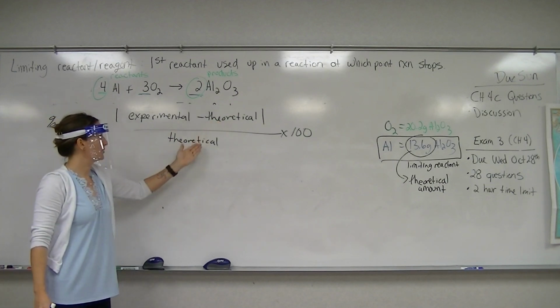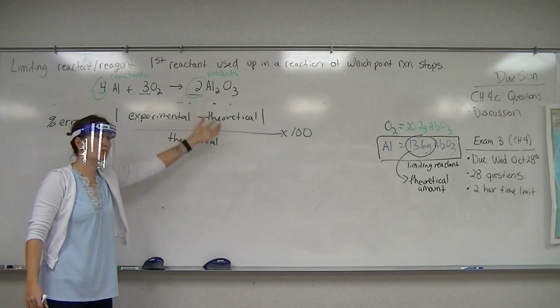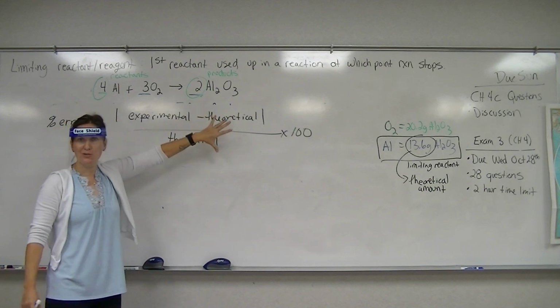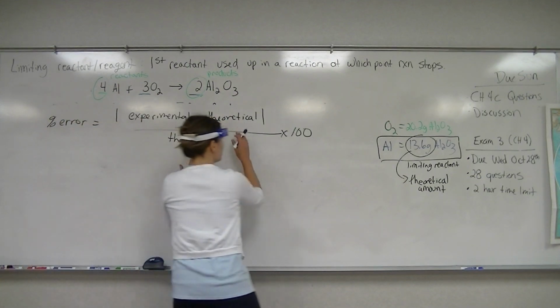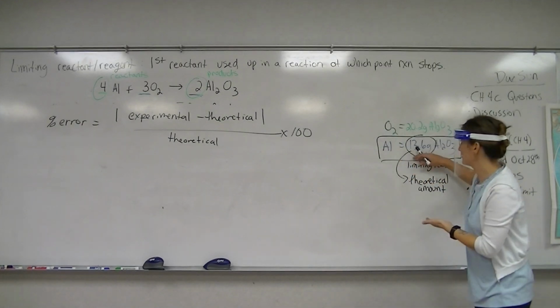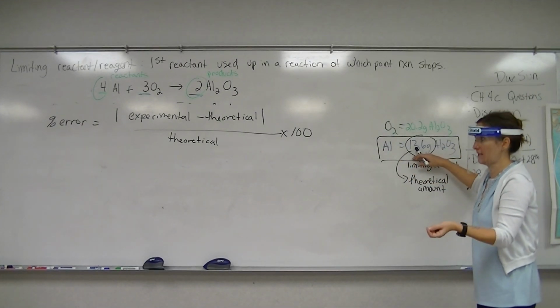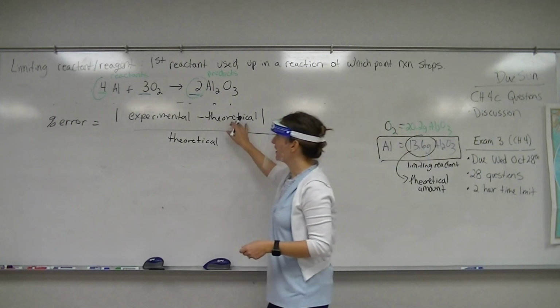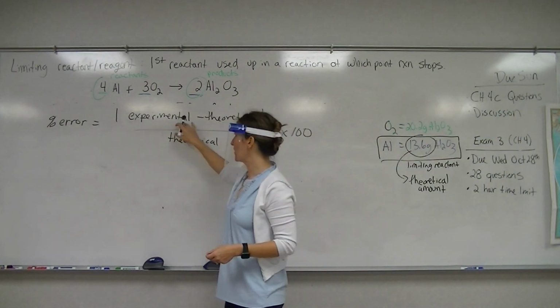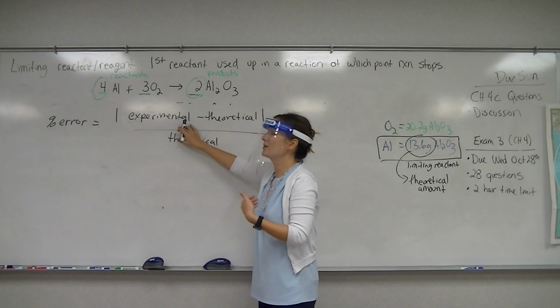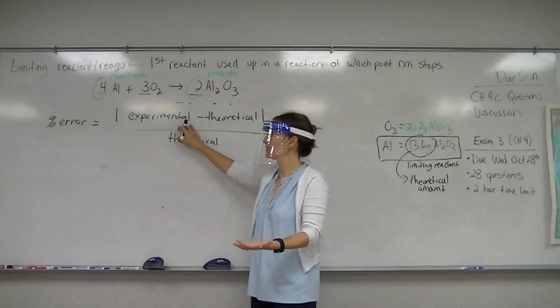The theoretical being the actual value, the true value, the value you get from a table. Well, theoretical can also be the maximum amount, the amount that you should get out if everything went perfect. And we're comparing it to the experimental using this equation, and the experimental being, well, what did we get when we actually did this experiment?